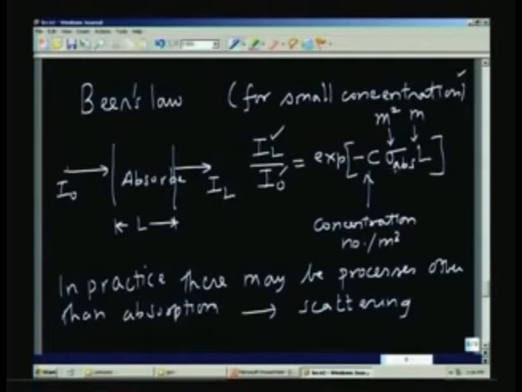It is usually additive, because the concentration we are talking about is very small, and therefore we can replace this by what we call sigma total, which will be the sum of sigma absorption plus sigma scattering. So, e to the power of minus C times a summation of two quantities can be written in a different form. Let me write it on the next page.